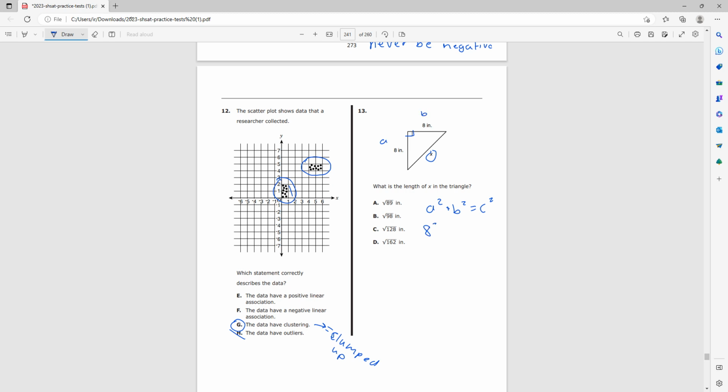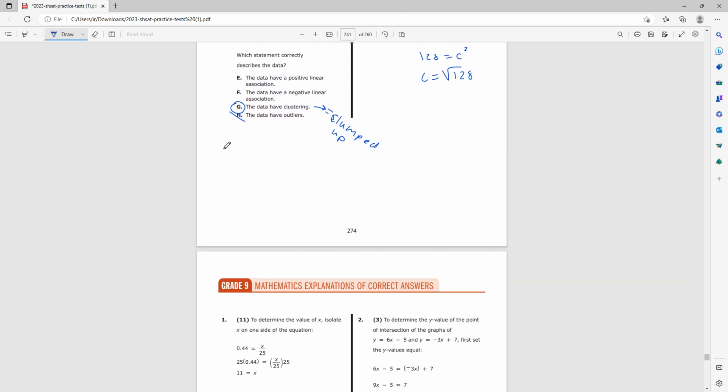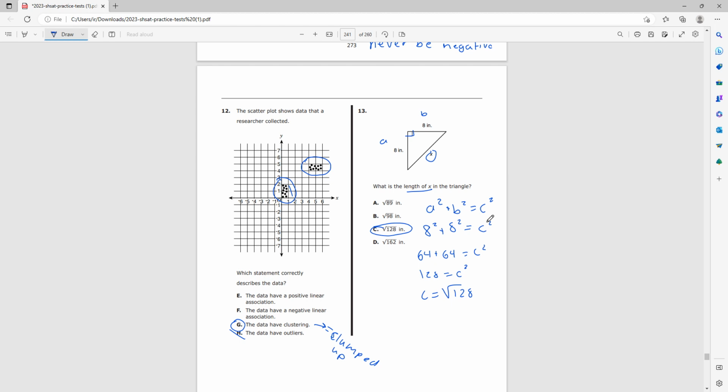So here we have 8 squared plus 8 squared is equal to c squared. 64 plus 64 is equal to c squared. 128 is equal to c squared. C is equal to radical 128, and that's choice C. So 13, that is the final question of this sample section.